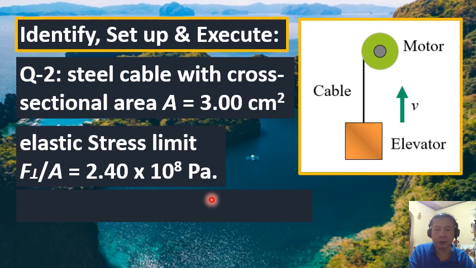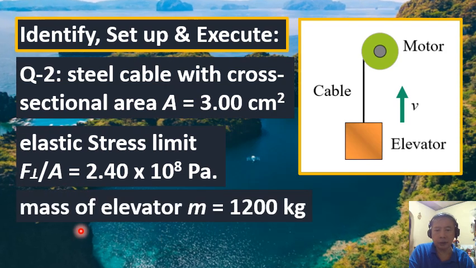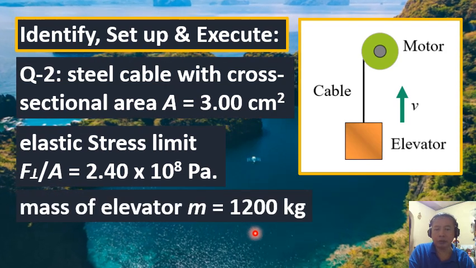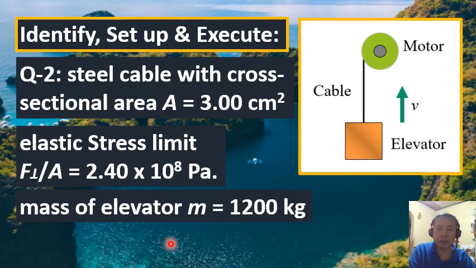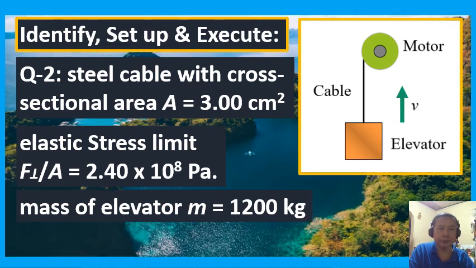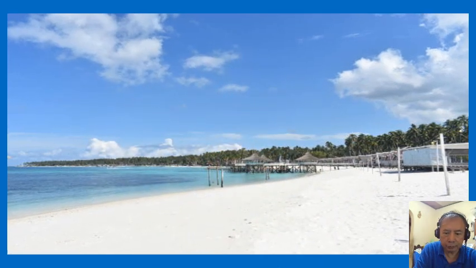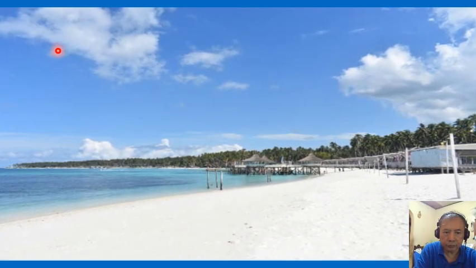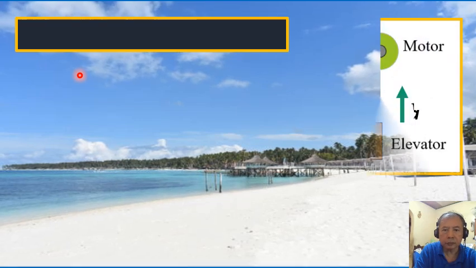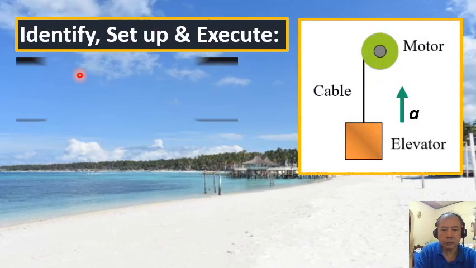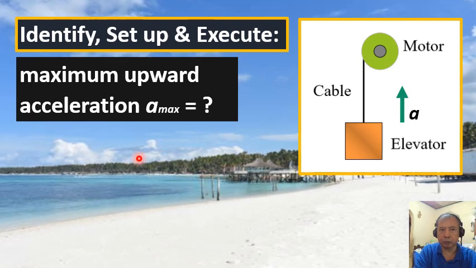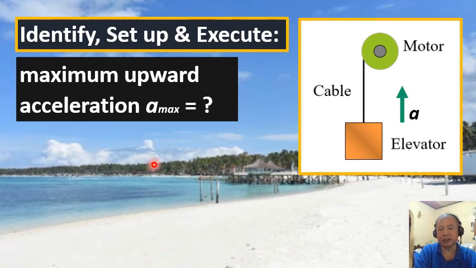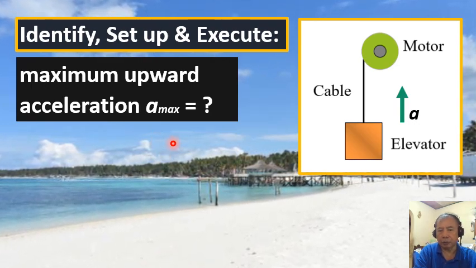And the elevator, whose mass is 1,200 kilograms, is moving upward. The target variable in question number 2 is the maximum upward acceleration, A sub max.